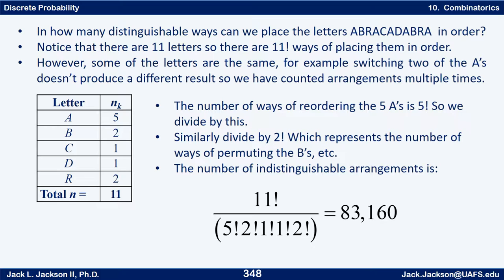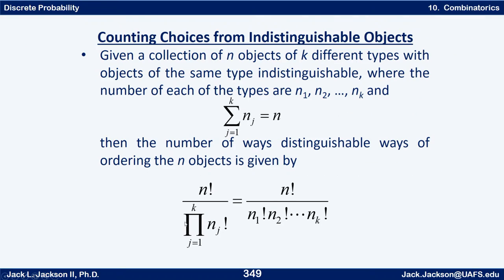Similarly, we divide by 2 factorial for the 2 B's. Switching the 2 B's doesn't change it. Similarly, switching the 2 R's. So we can think of that as 11 factorial over 5 factorial times 2 factorial times 1 factorial times 1 factorial times 2 factorial. And if you work that out, that's 83,160.